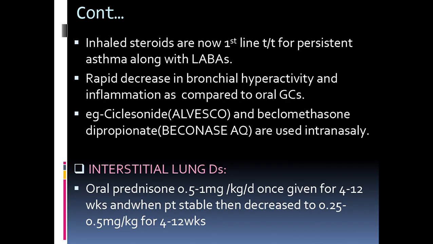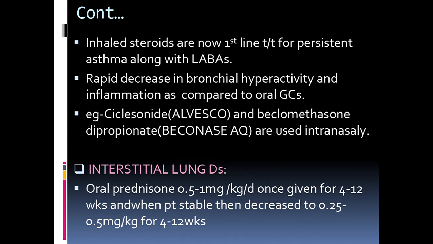The inhaled steroids are now first-line treatment for persistent asthma and rapid decrease in bronchial hyperactivity and inflammation as compared to oral glucocorticoids. For example, ciclesonide, Alvesco, and beclomethasone dipropionate, Beconase AQ are used intranasally.